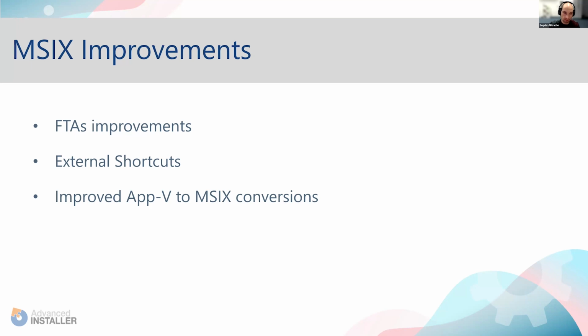And for those of you that are new and don't know what the package support framework is, this is an open source project released by Microsoft that allows you to fix compatibility issues for older applications that you're trying to package as MSIX, or to extend the functionality of the MSIX container with features that are not natively available in MSIX.